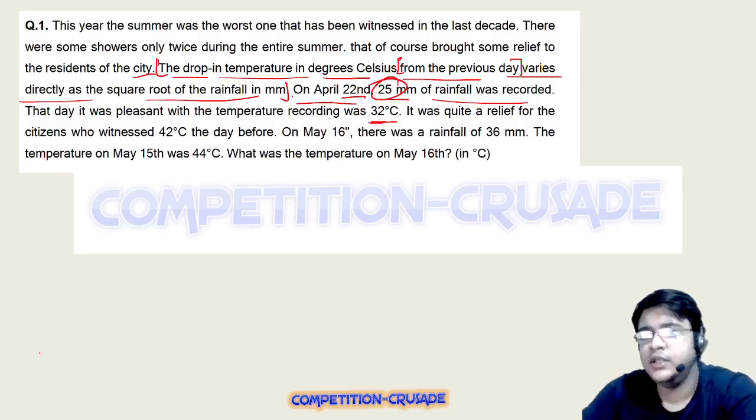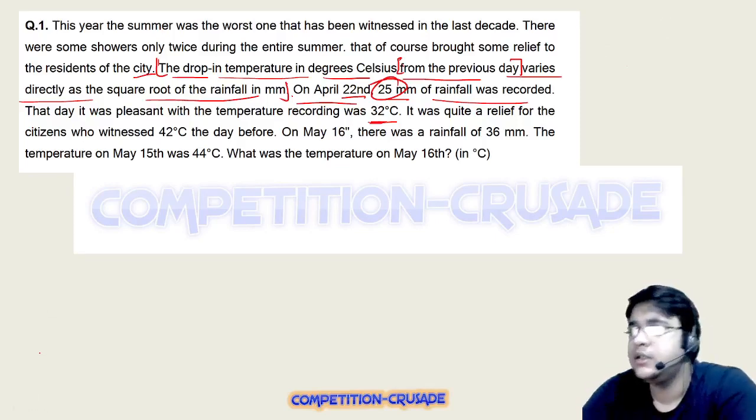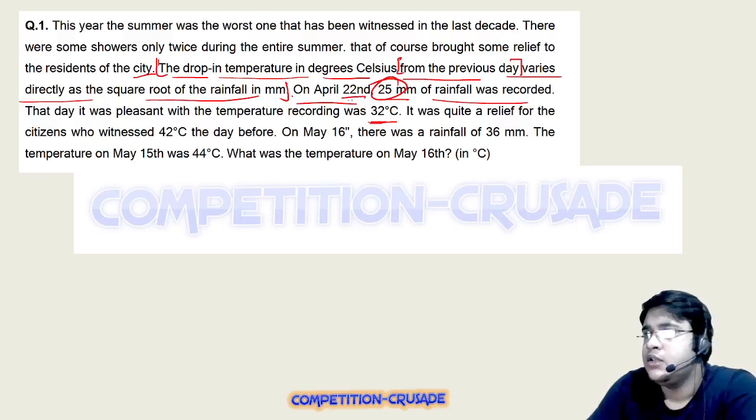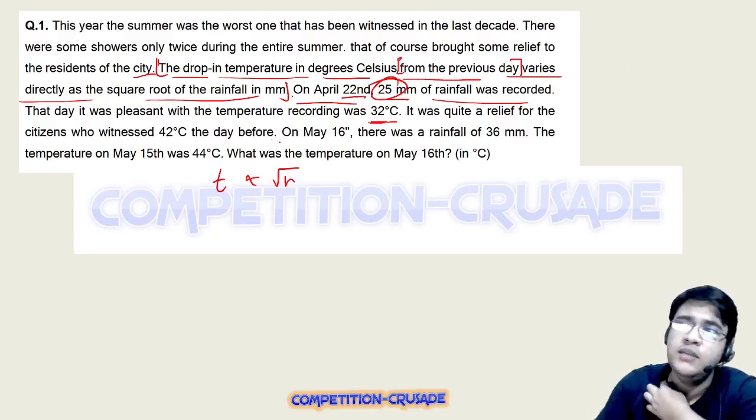And before I actually solve the thing, I should read this entirely. So far we have understood that this T is proportional to the square root of r. And that day it was pleasant with the temperature recording 32. It was quite a relief for the citizen who witnessed 42 degrees Celsius the day before.